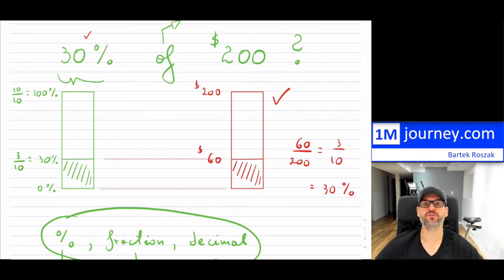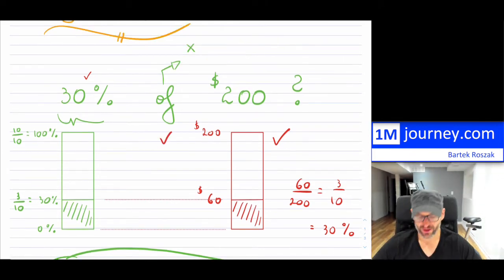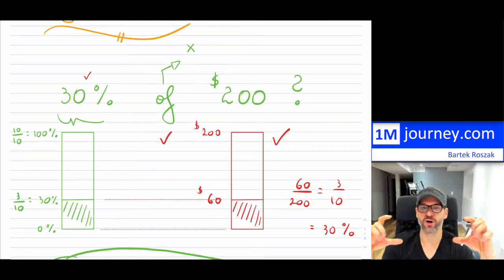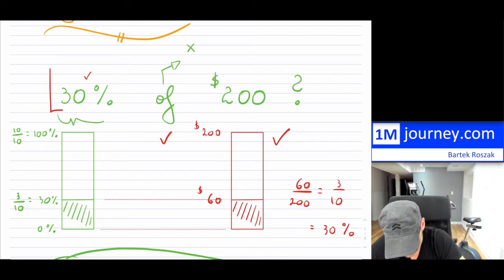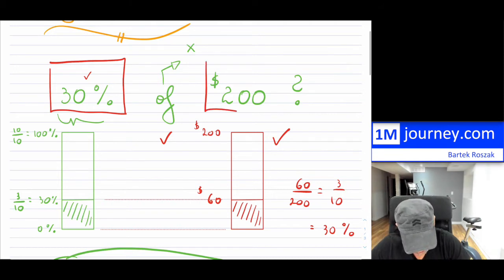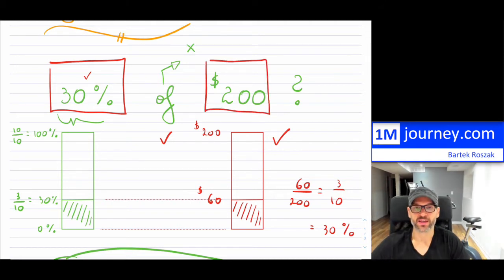But how do we find that very quickly using these words of? Well, it turns out that you don't have to be drawing and comparing things. You don't have to set anything up. All you have to do is take what portion of the quantity you want, and this word of just means multiply.